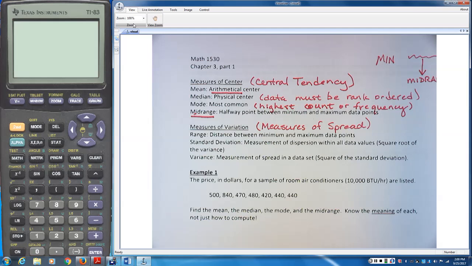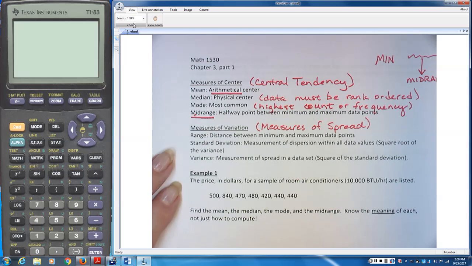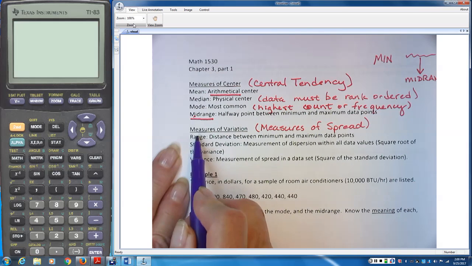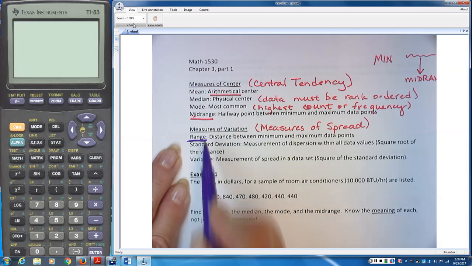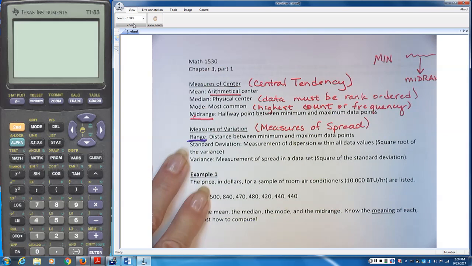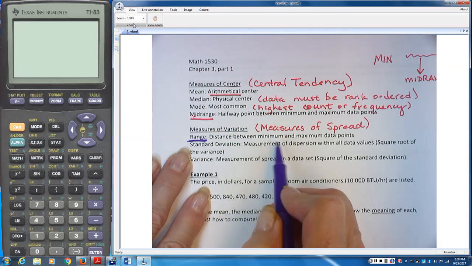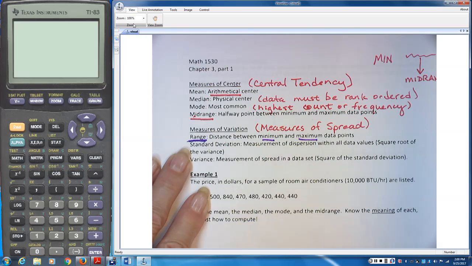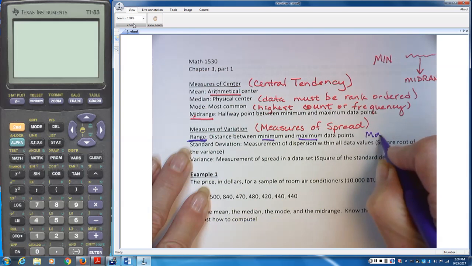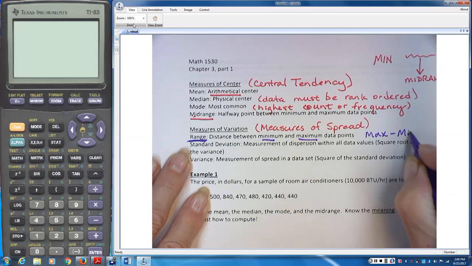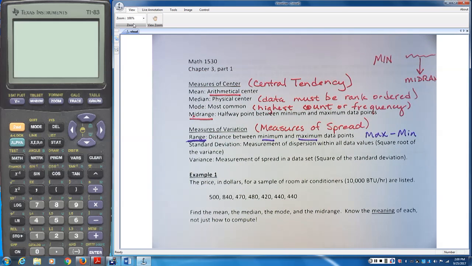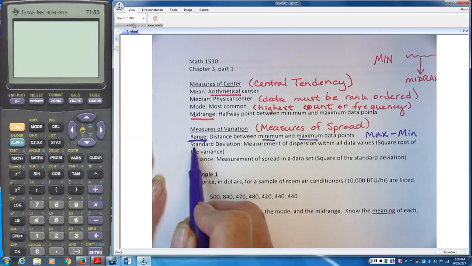We know how to get those on the calculator. Now we'll move on in this chapter, although not immediately, to measures of variation. Measures of variation are, first of all, the range. And that's, again, max minus min. And then we have something called the standard deviation.